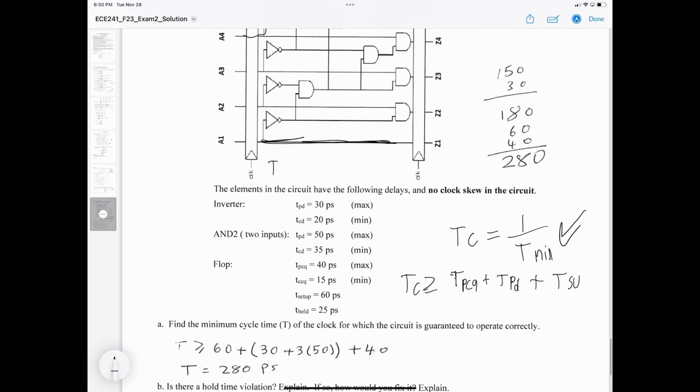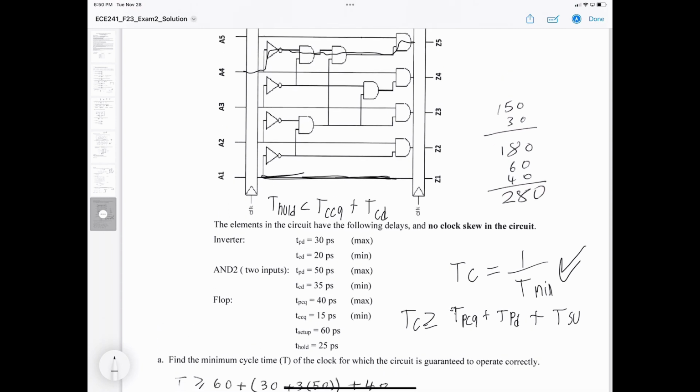So the formula is T hold versus TCCQ plus TCD. TCD refers to going through gates and whatnot, but for that single wire down here, there are no gates. And CCQ, referring to contamination delay, is 15. So T hold has a value of 25. 25 is greater than 15. So you have a hold time violation there.